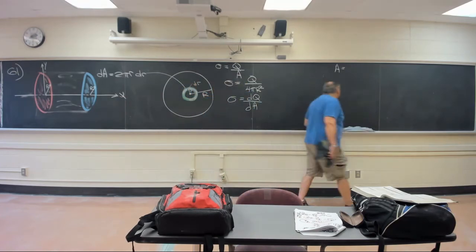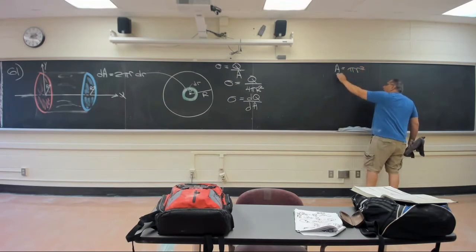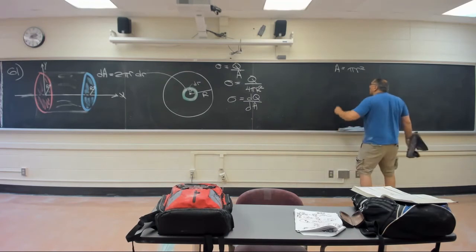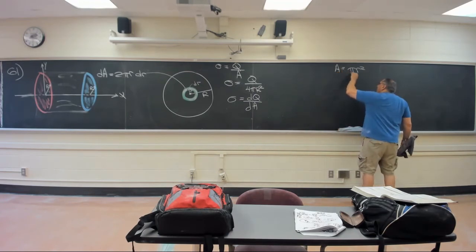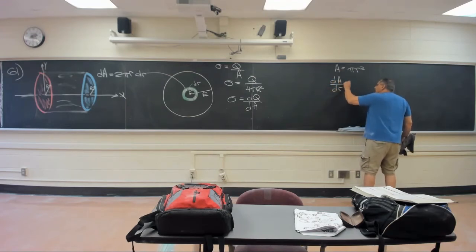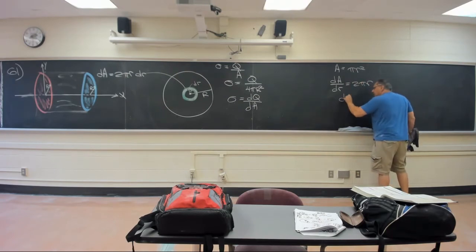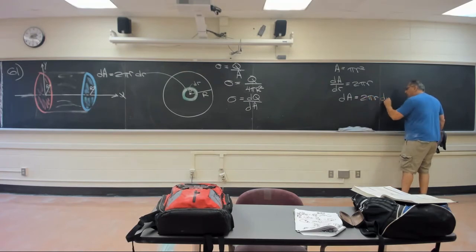Wait a minute. How much do we know? A equals pi r squared. dA/dr is 2 pi r. dA is 2 pi r dr. Yeah, it works.